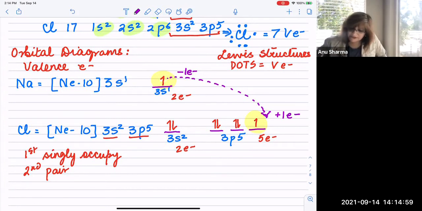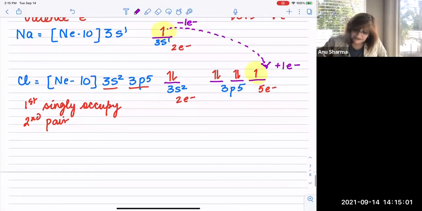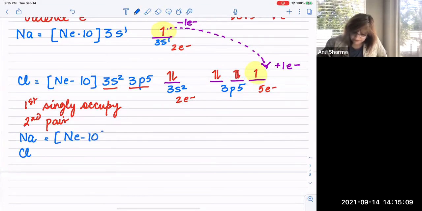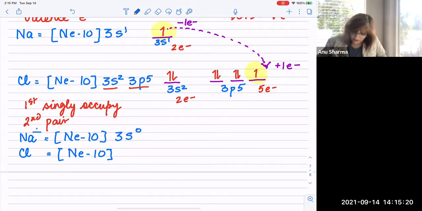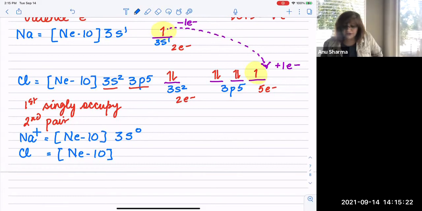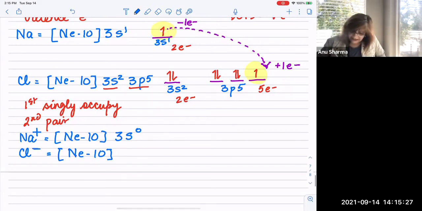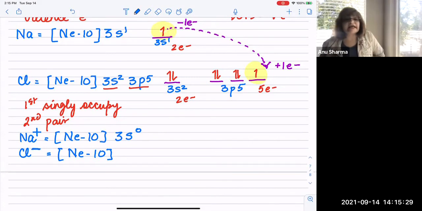So when that happens, what happens next is the scenario where sodium and chlorine, sodium has the inner core of neon 10. Chlorine also has the inner core of neon 10. And then we have 3s0. And when that happens, sodium acquires a positive charge. Okay, it becomes a cation. But chlorine, when it acquires a negative one electron, it gets a negative charge.